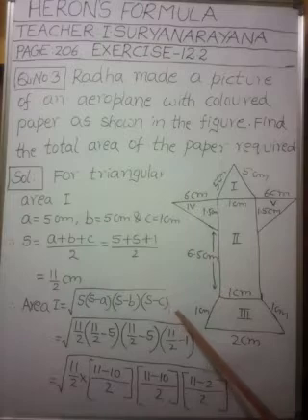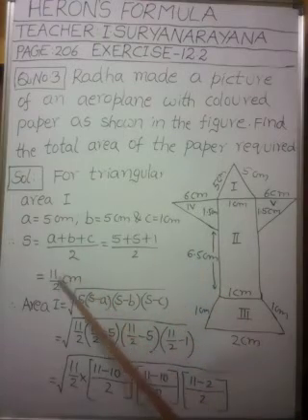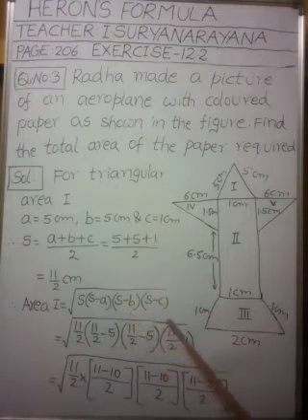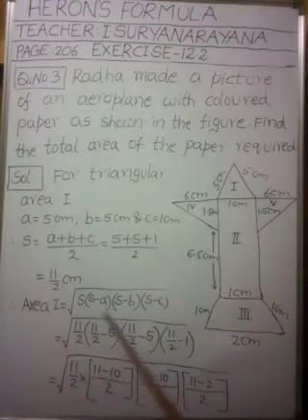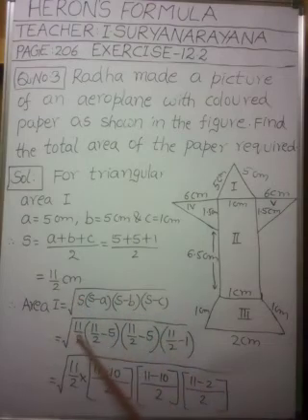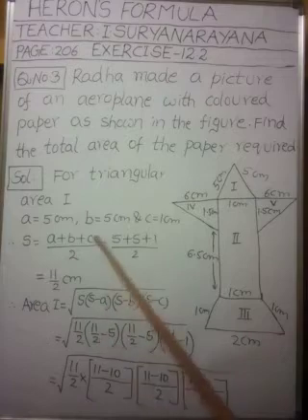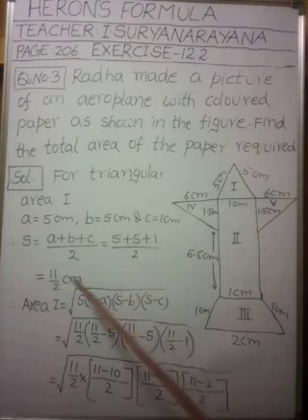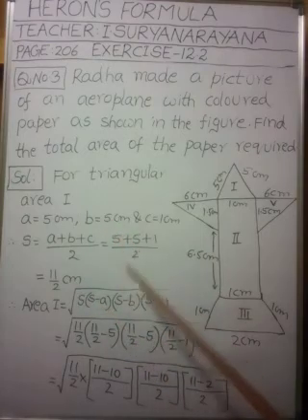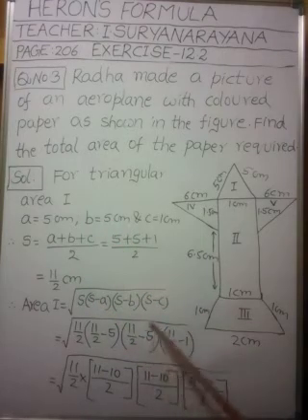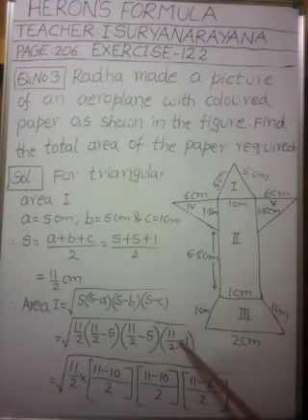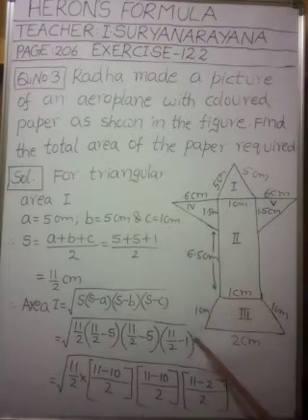In this Heron's formula, we substitute the values of S, A, B and C. That is equal to square root of, what is S value here? 11 by 2 into, 11 by 2 minus A. What is A value here? 5 into S minus B. What is S here? 11 by 2 minus, what is B value? 5. Now come to the third part. S means 11 by 2 minus C value is 1. Understood this part, my children?